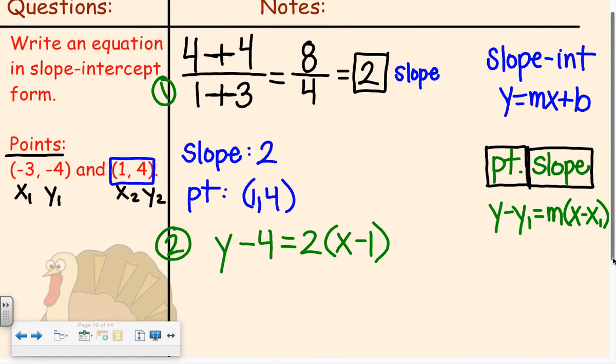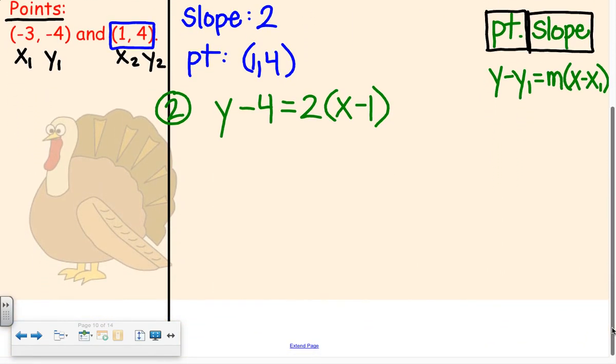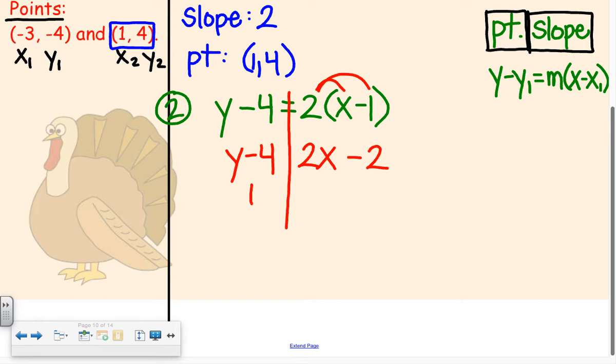Then my problem wants me to get my answer into slope intercept form, so I'm going to draw my train tracks and distribute. So 2 times x is 2x. 2 times negative 1 is negative 2. And then I'll add 4 on both sides.